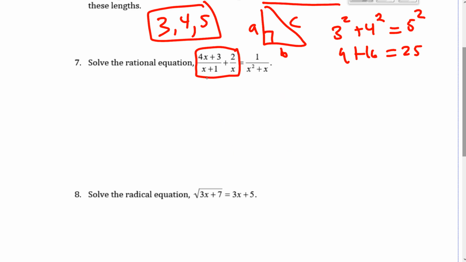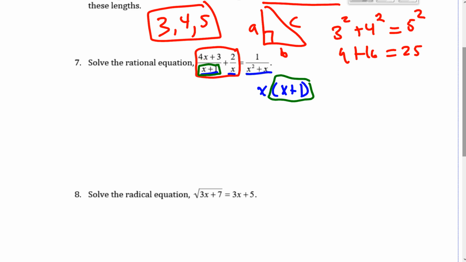Or I can look at all my factors of the denominator here. And so I could factor this one to the right as x plus 1. And then I can take all my factors and find the greatest common denominator, and then multiply every term by that greatest common denominator. So here's one factor, x plus 1. Well, I have that over here, so I don't need to repeat it, right?